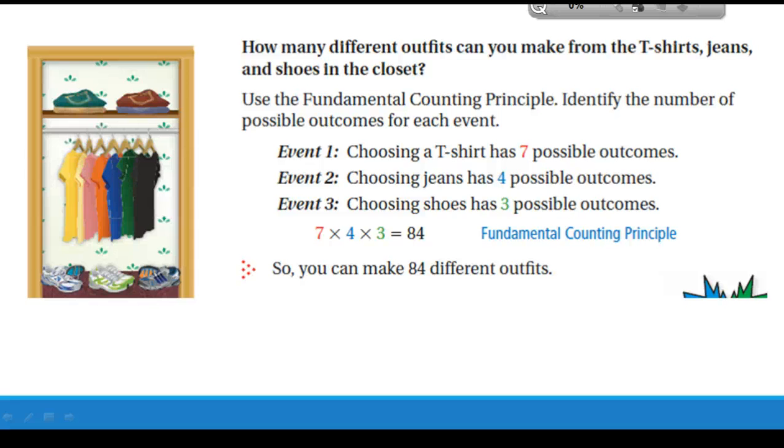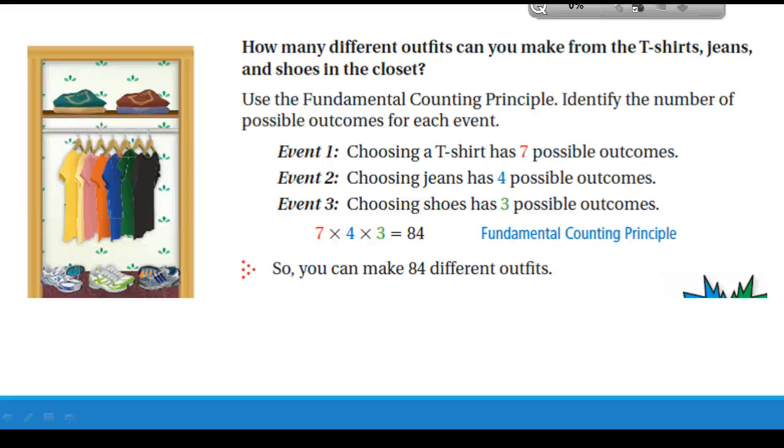I know all the answers are already written down here, but if you count, the pants are on the shelf in the closet, and it looks like there are 4 pairs of pants or jeans, and then we have 1, 2, 3, 4, 5, 6, looks like 7 t-shirts, and then 3 pairs of shoes.